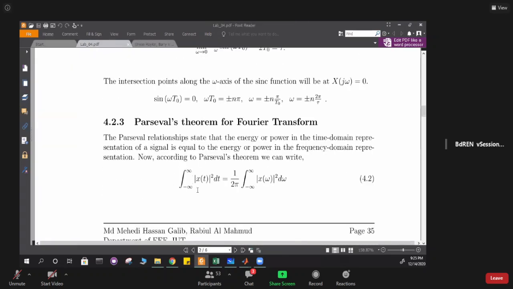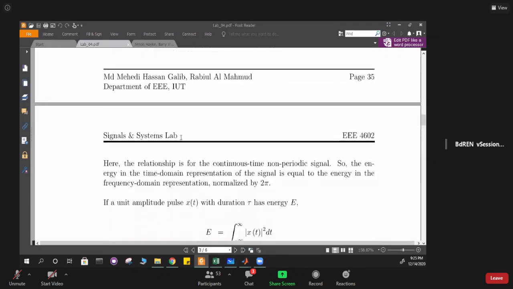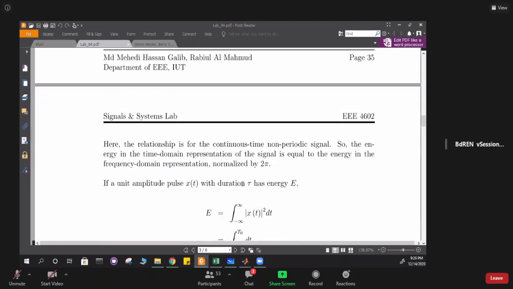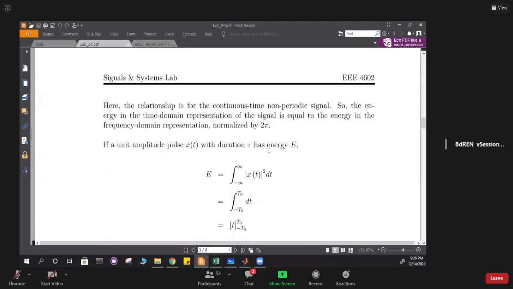So what does it say? The energy in the time domain representation of a signal is equal to the energy in the frequency domain, normalized by 2π. Take the unit amplitude pulse x(t) that we discussed in the last example. If it has a duration tau, what will be the energy?